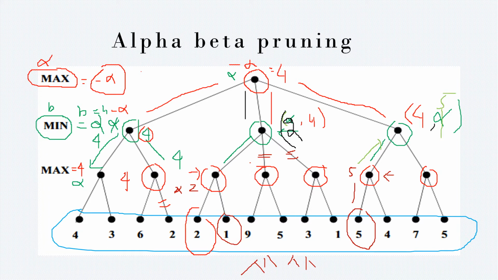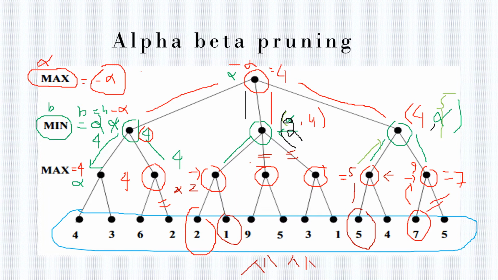Now again it will search for this node, and it will search for this node. This level belongs to max, so max will select this node which is equal to 7, and this node is equal to 5, this node is equal to 7.